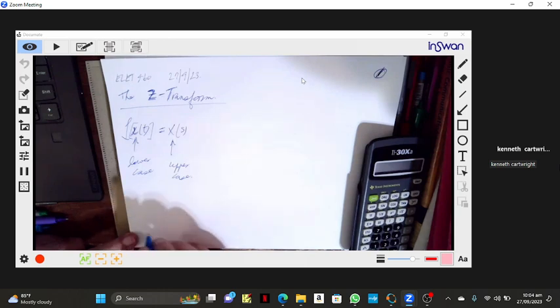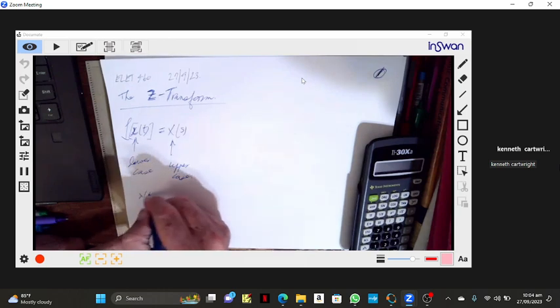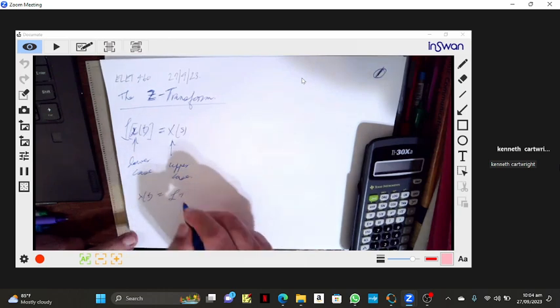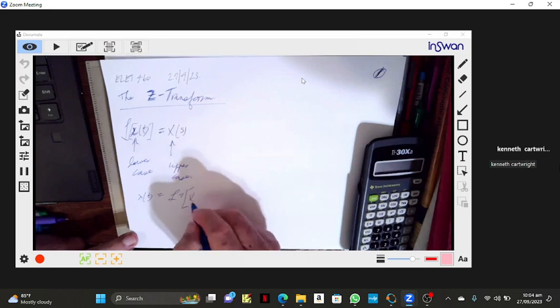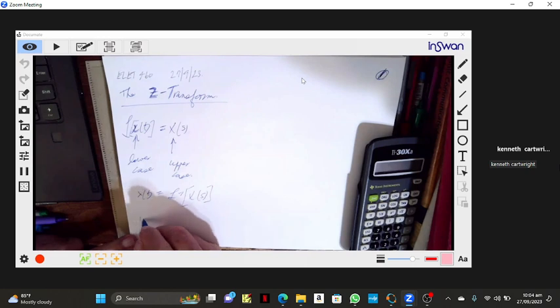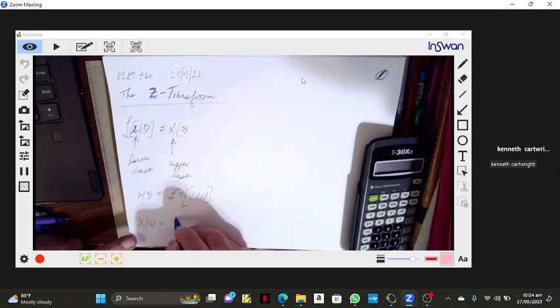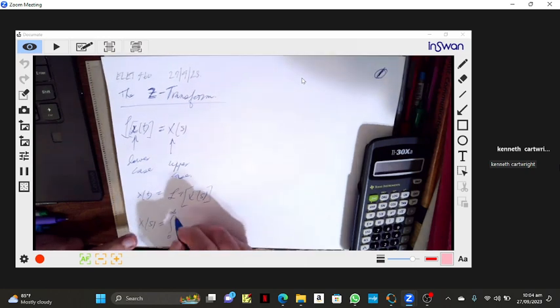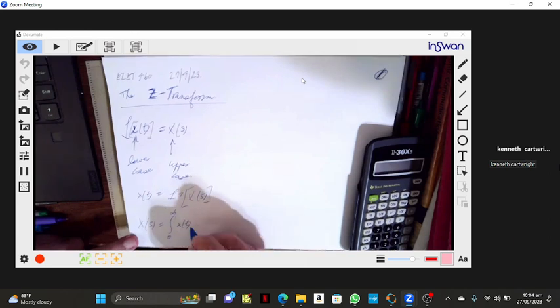Similarly, we write x of t is inverse Laplace of X of s. And also to begin with, X of s is by definition the integral from 0 to infinity of x of t e to the minus st dt.